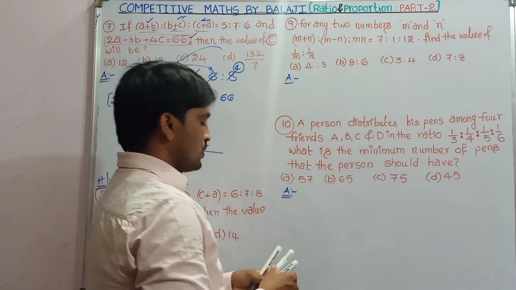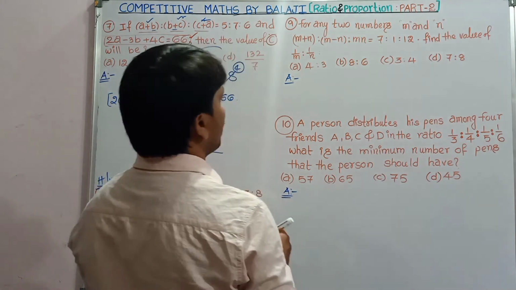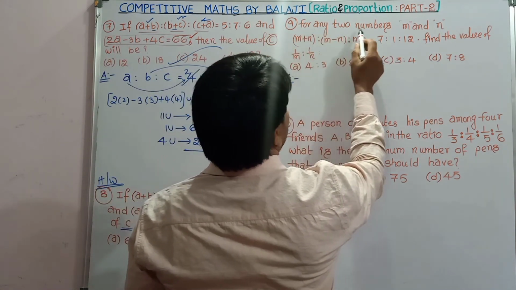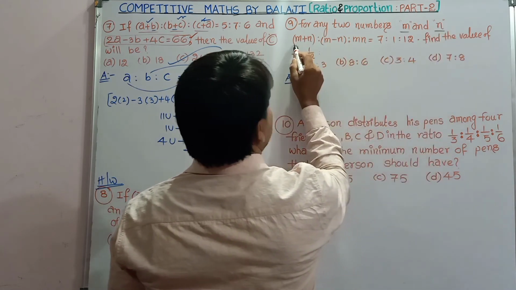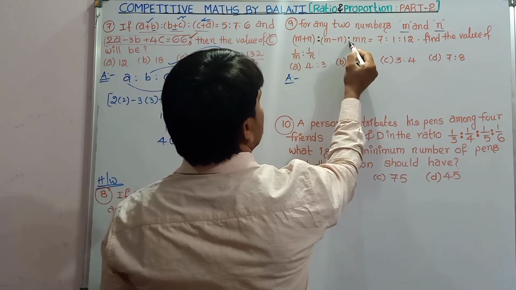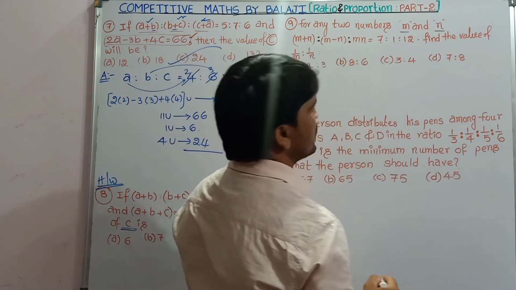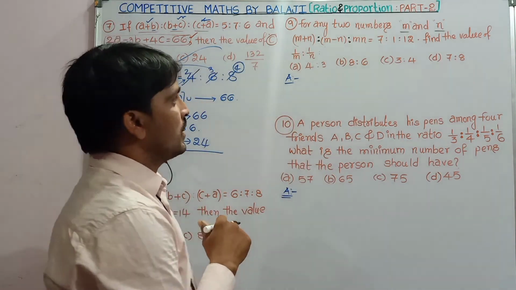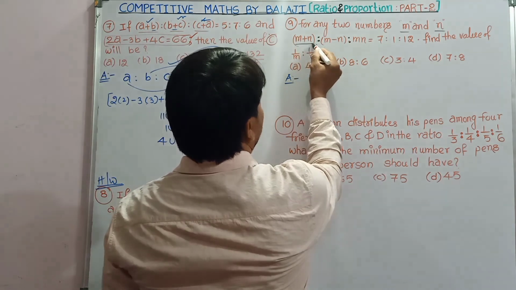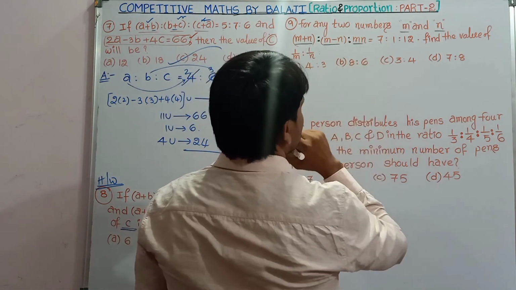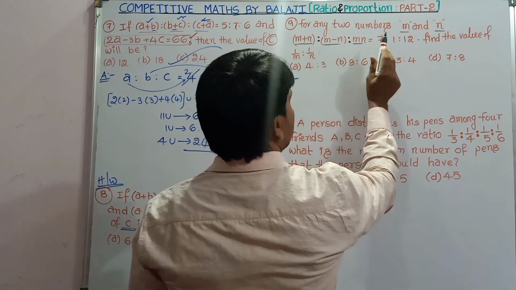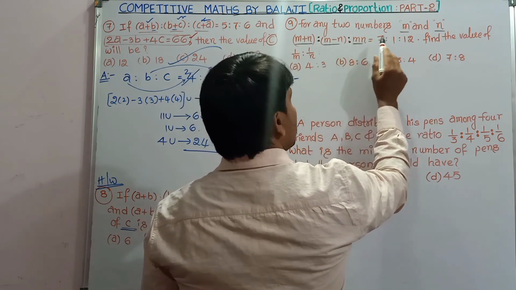Okay. Next, 9th one. This one is a very simple question. For any two numbers m and n, (m+n) : (m-n) : mn = 7 : 1 : 12. Find the value of 1/m : 1/n. See, a little bit of observation is needed here. The m + n value is 7, the m - n value is 1, and m into n is 12.